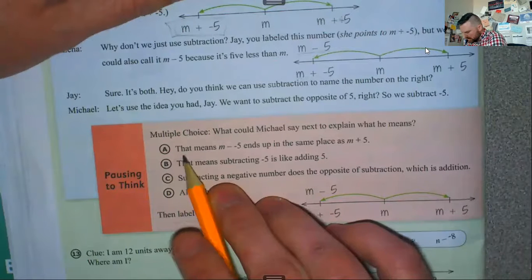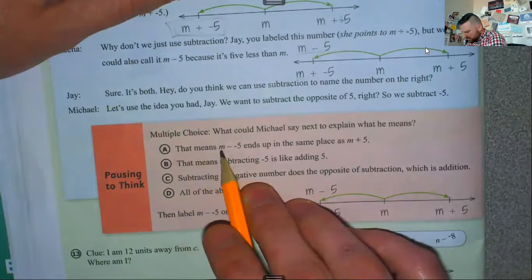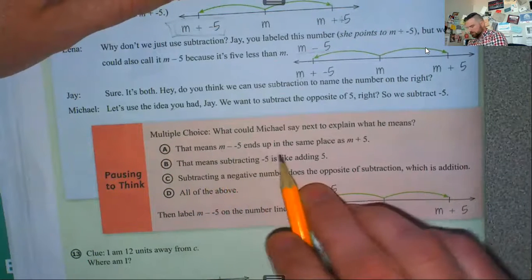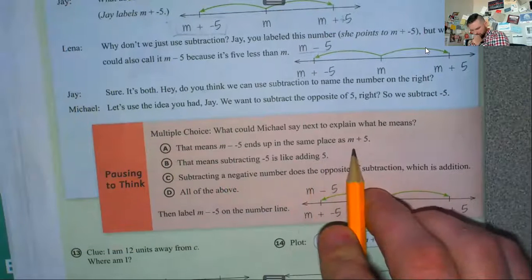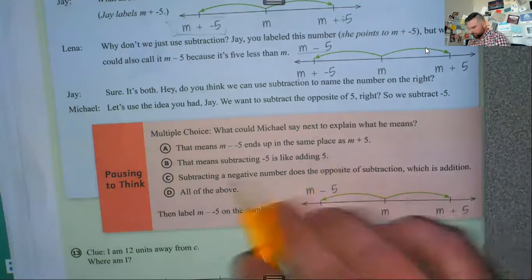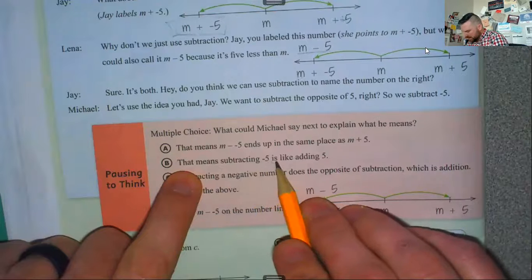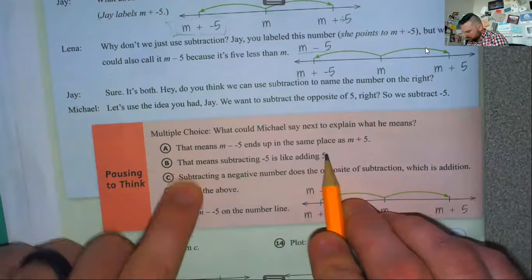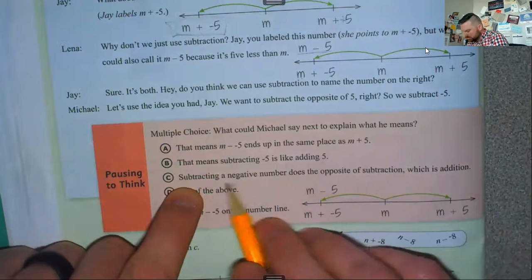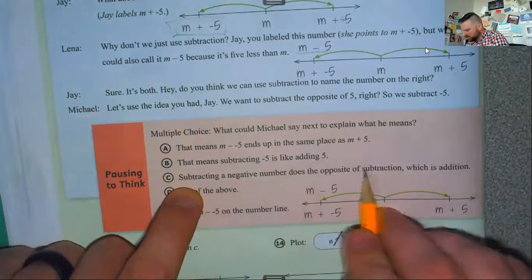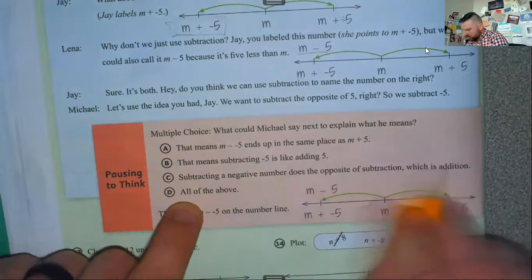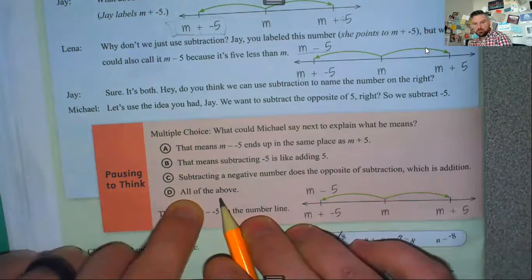Does he mean that m minus negative 5 ends up being in the same place as m plus 5? Does he mean that subtracting negative 5 is like adding 5? Or that subtracting a negative number does the opposite of subtraction, which is addition? Or D, all of the above?